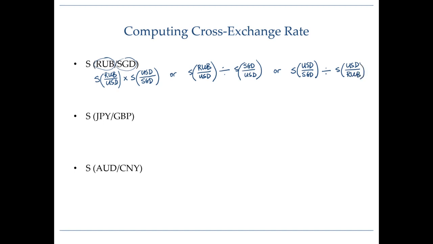Let's say we want to do the first one. We use the table that we saw previously. From that table, you will see that the indirect quote for the Russian ruble is 72.968 Russian rubles equivalent to 1 US dollar. We take that and multiply it by the direct quote for the Singapore dollar, which says that 1 Singapore dollar is equivalent to 73 cents.